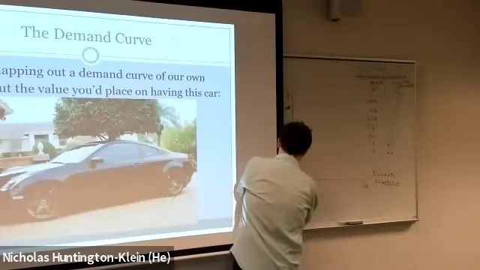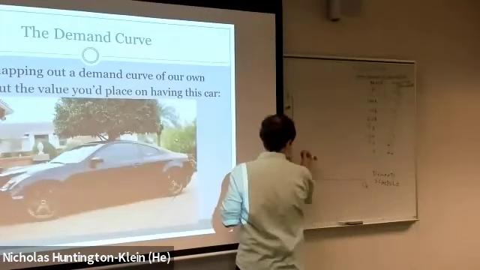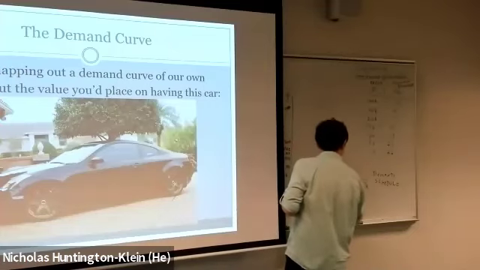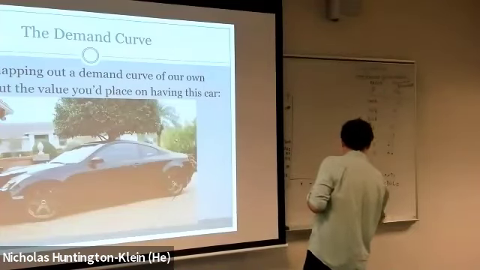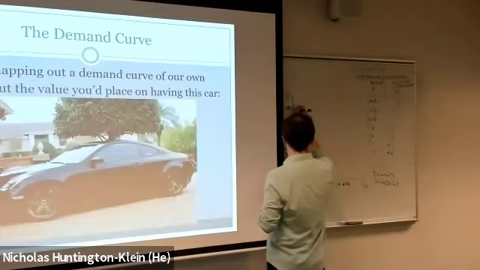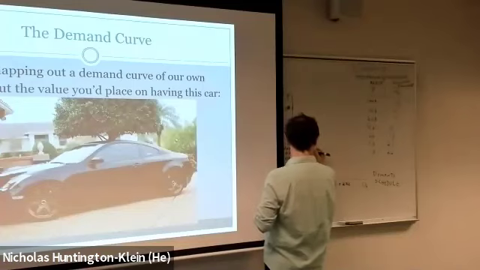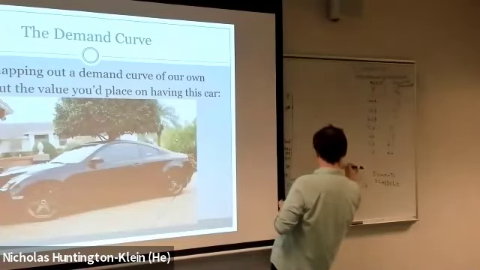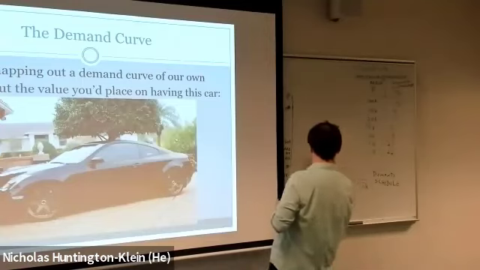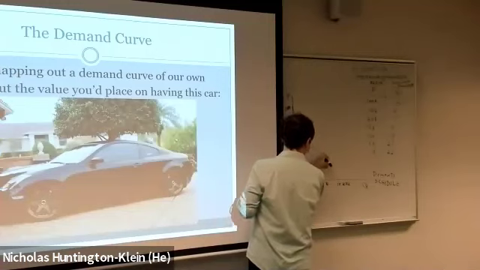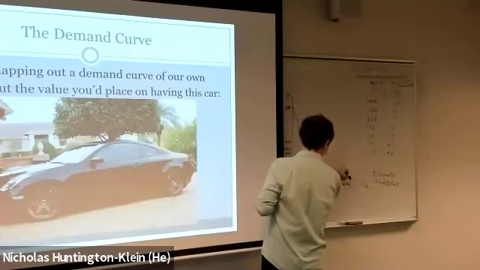We fill the numbers, we got 0 for 100K, we have 4 for 30, 7, 14, 19, 21, and 22. And we'll go from here to here, here. We get a curve that looks a little bit like this.